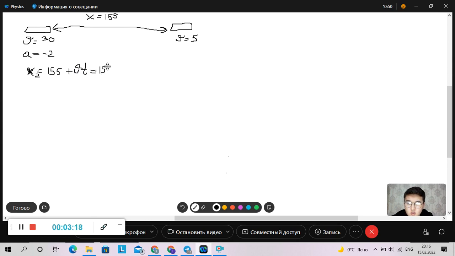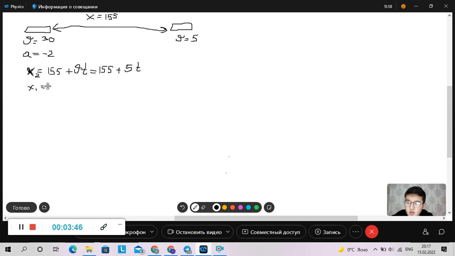This is the van's distance, where velocity is 5, and t. The first is Sue's distance. These two distances are the same.